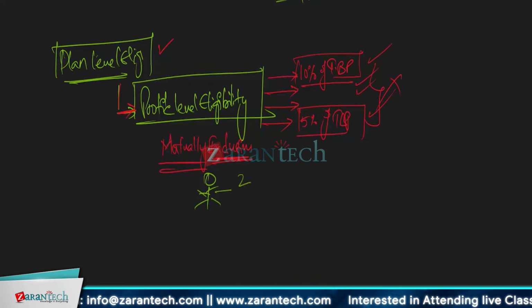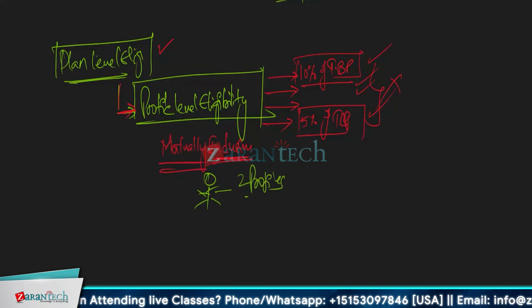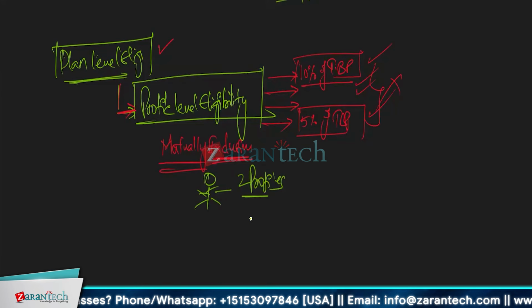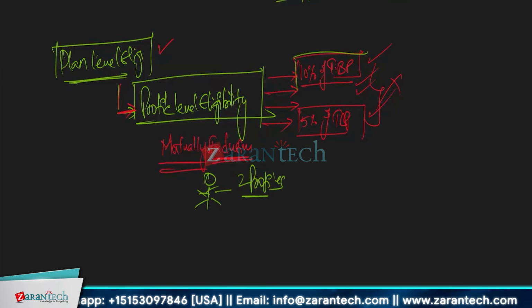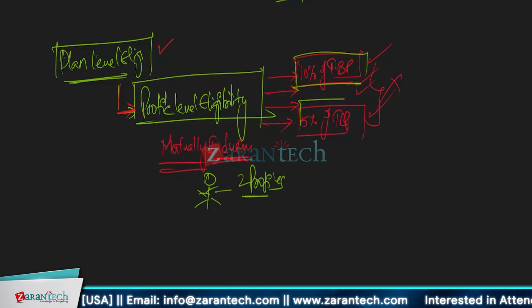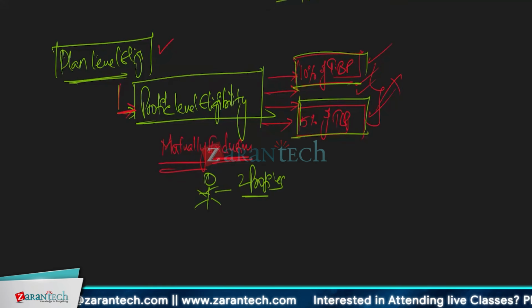There should not be a case where the employee is eligible for two profiles at the same time. So every profile should be unique. The eligibility rule configuration on each of these plan profiles should be unique in such a way that at no point in time an employee will be eligible for two of the profiles at the same time.